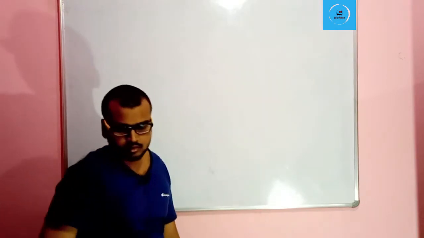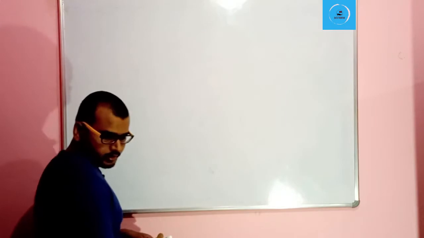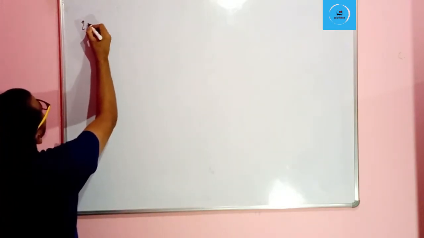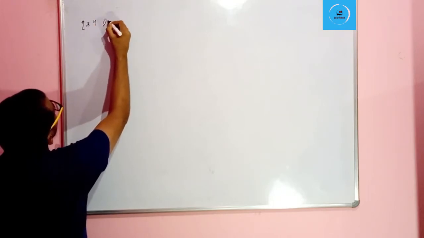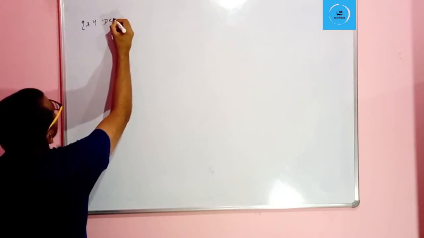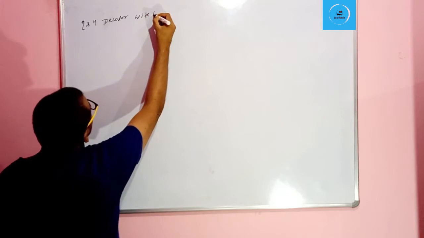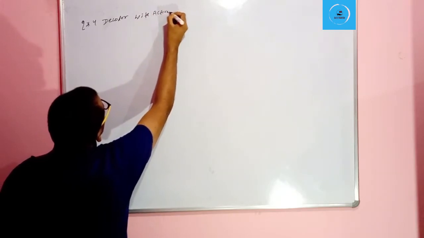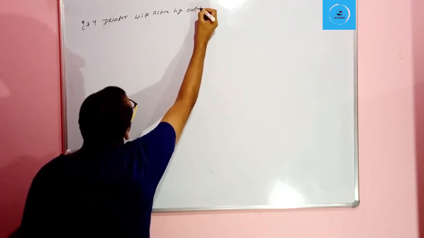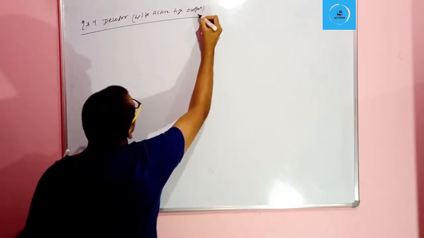So first we will see the 2 to 4 decoder with active high output.